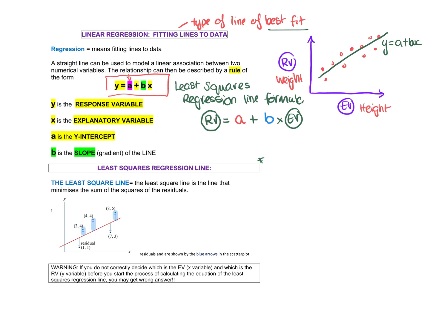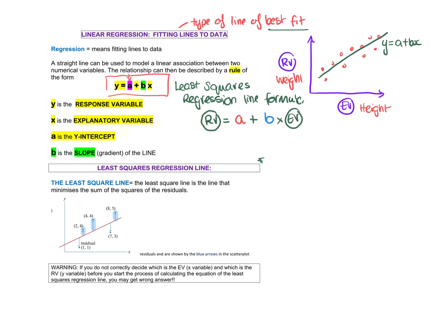So that's why it's called the least squares. They square them and then try to balance them out so that it is the best fit for the line. You don't need to worry too much about what the calculator actually does, but you do need to know what a residual value was. Every dot has its own residual.